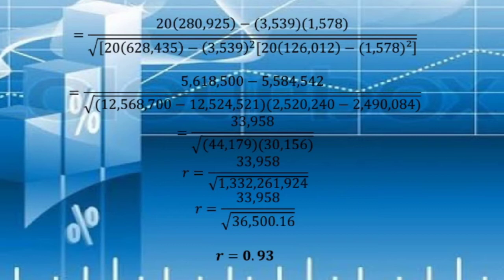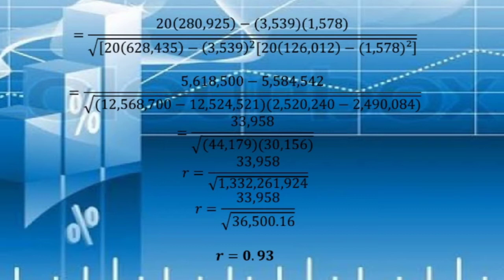Over the square root of, you can multiply the denominator, 44,179 times 30,156 equals 1,332,261,924.